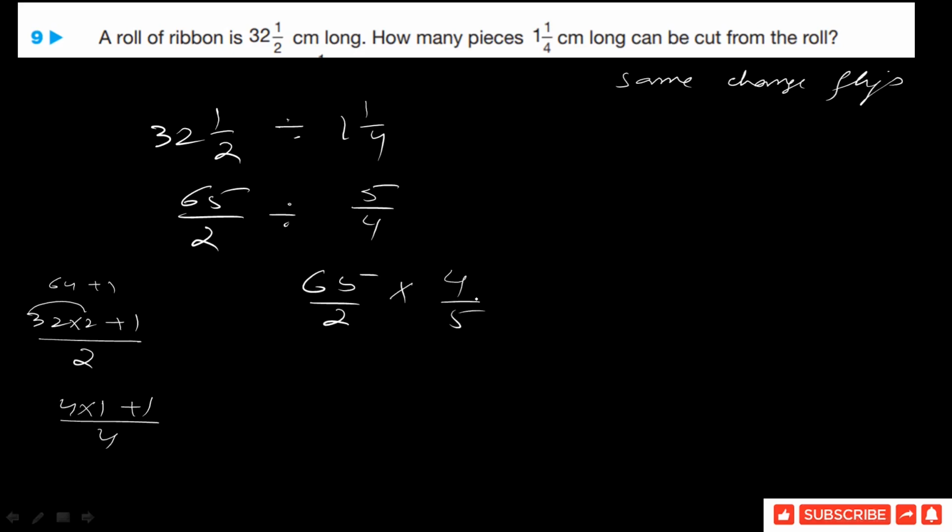Now 2 times 1 is 2, 2 times 2 is 4, 5 times 1 is 5, 5 times 3 is 15, so you are there with 13 times 2 upon 1. This is 26. So 26 pieces of 1 whole 1 by 4 centimeter long can be cut from the roll of 32.5 centimeter long ribbon.